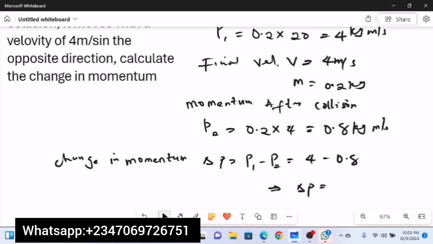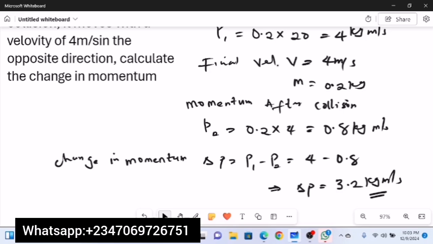That gives us 3.2 kilogram meter per second. So this becomes the change in momentum during collision, before and after collision.